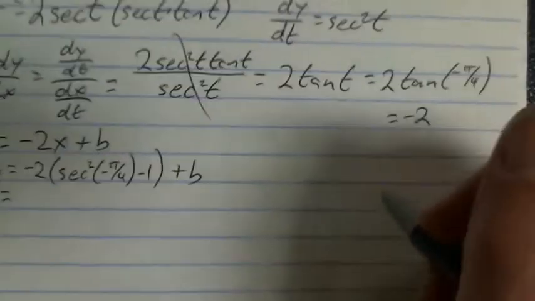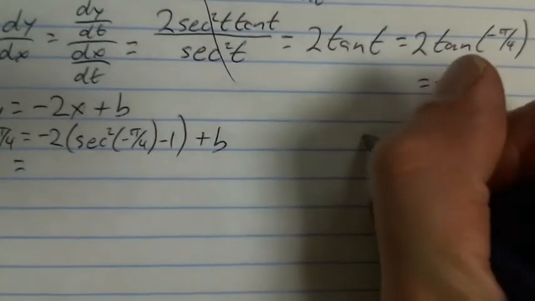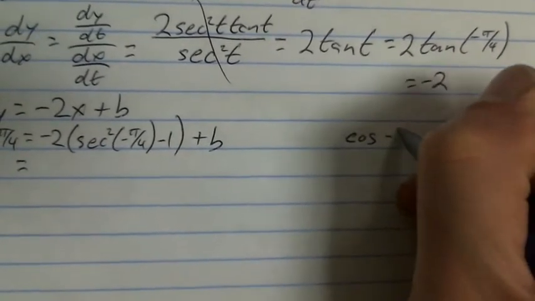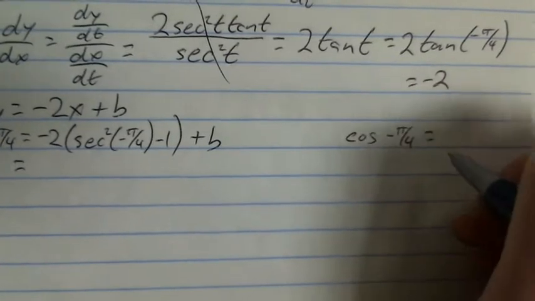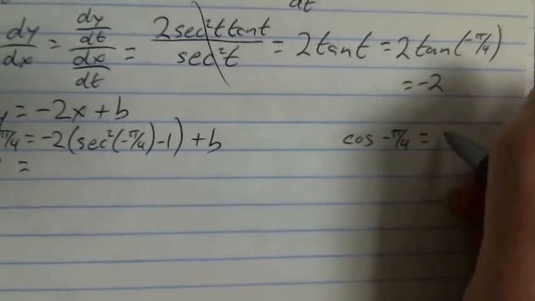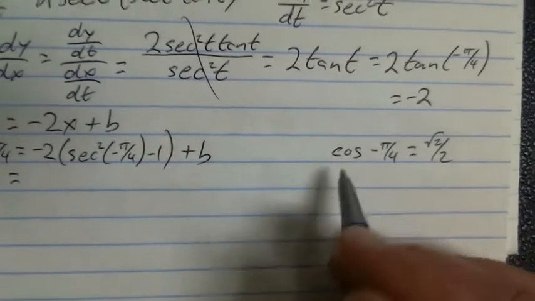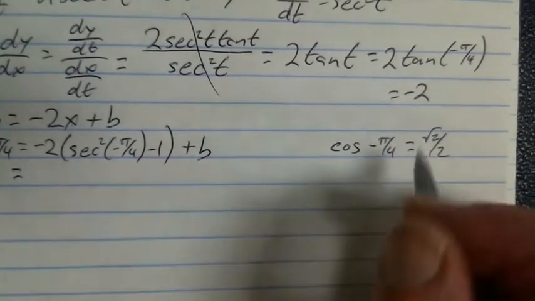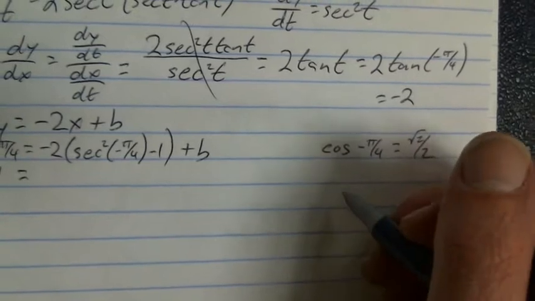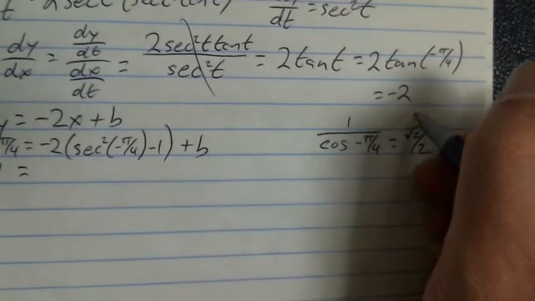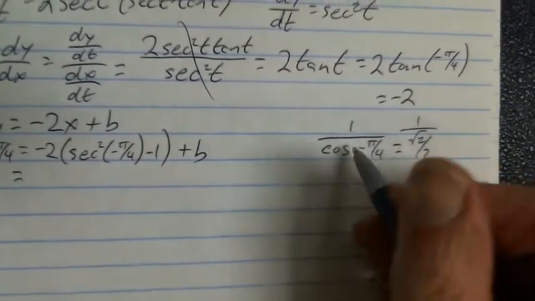Let's go over here on the side for a second. Alright, I know that the cosine of negative pi over 4 equals radical 2 over 2. Alright, so I'm going to move from cosine to secant squared. So that means that 1 over this, same as 1 over that, and this is secant.